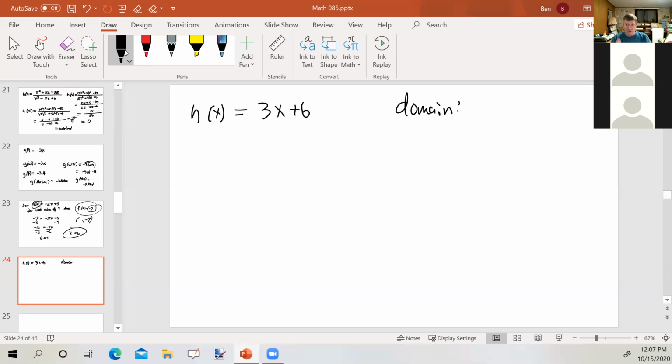What values of x, if we plugged into this function, would not give us a real number as an output? The only thing we've really talked about is dividing by 0 is undefined. Is there any way that we could put a number in for x that we then would have something that was divided by 0 in this case?